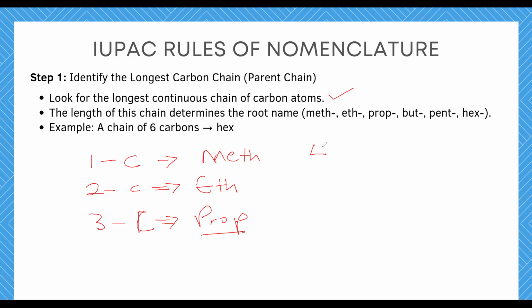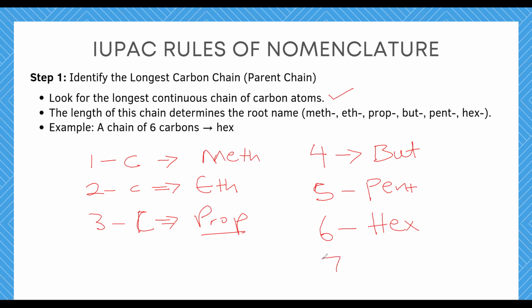So when it is four, you use the root name BUT, but or but, whichever way you choose to pronounce it. And then when there are five, you use the root name PENT, pent. When there are six, you use the name HEX. Are you there? Yes, sir. Good.